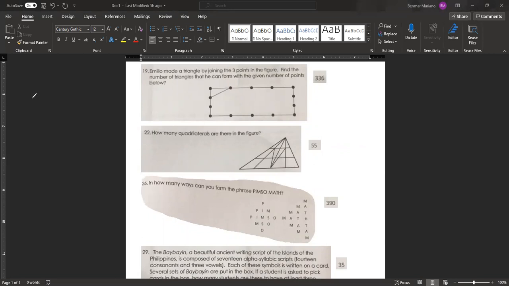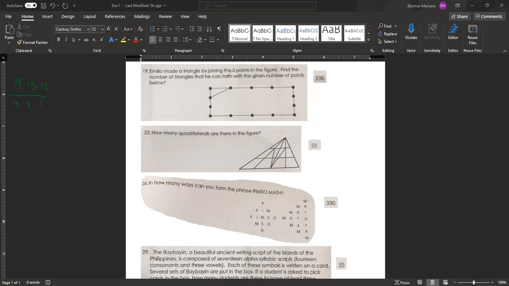So if we want to create a triangle out of 14 points, the solution now will be 14 times 13 times 12 over 3 times 2 times 1. Question? No. Okay.